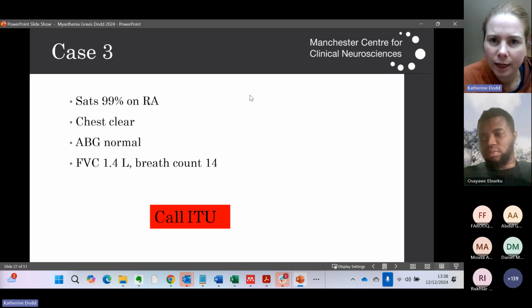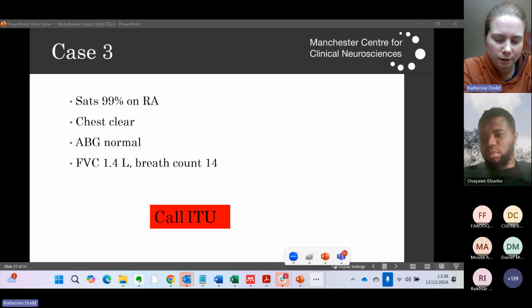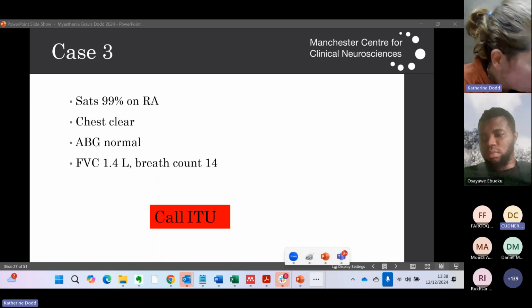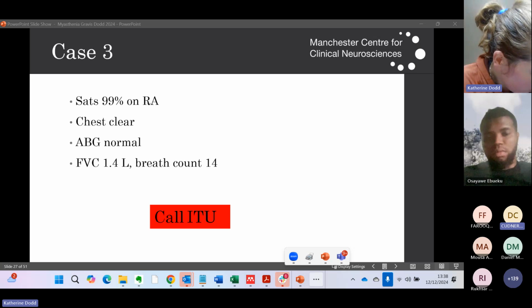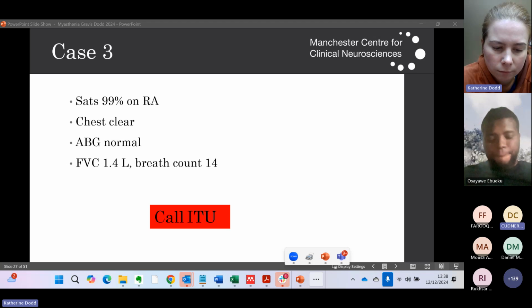Did someone put a hand up then? Do you want to mute and talk if you can? Hi, yeah. Sorry, just a really quick one. Go on. I've worked in a few different hospitals where I've seen patients come onto the acute take, and then you do the breath count and it's poor, and then you contact various people on ITU and they all say they don't have a way of checking the FVC.